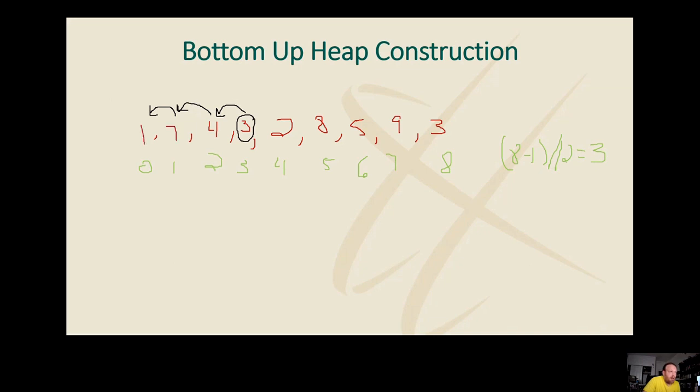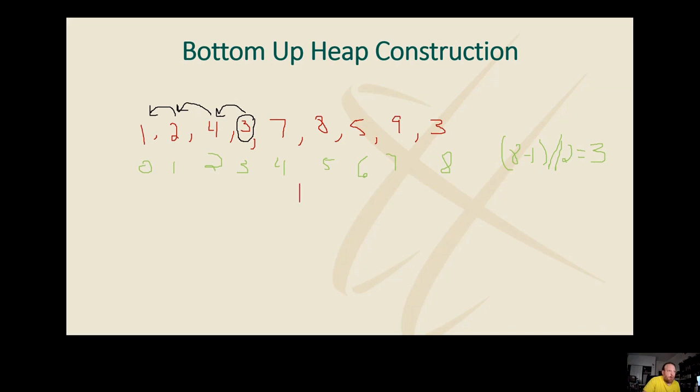Okay, now we go 7. 7 goes times 2 plus 1 is 3 and 4. Do we have to swap? Yeah, we do. 7 and 2 have to swap. Okay, 7 times 2 plus 1 is 9. We're off the charts. We don't have to worry about it anymore. So let's see.